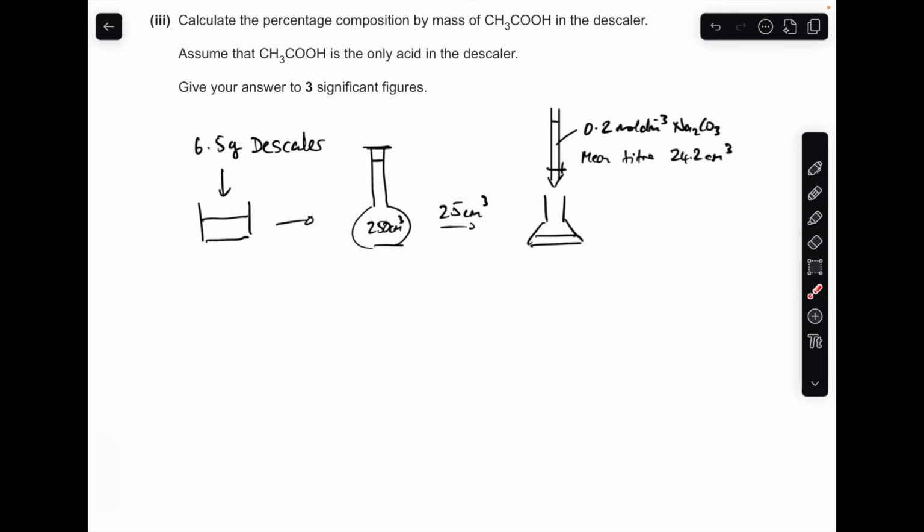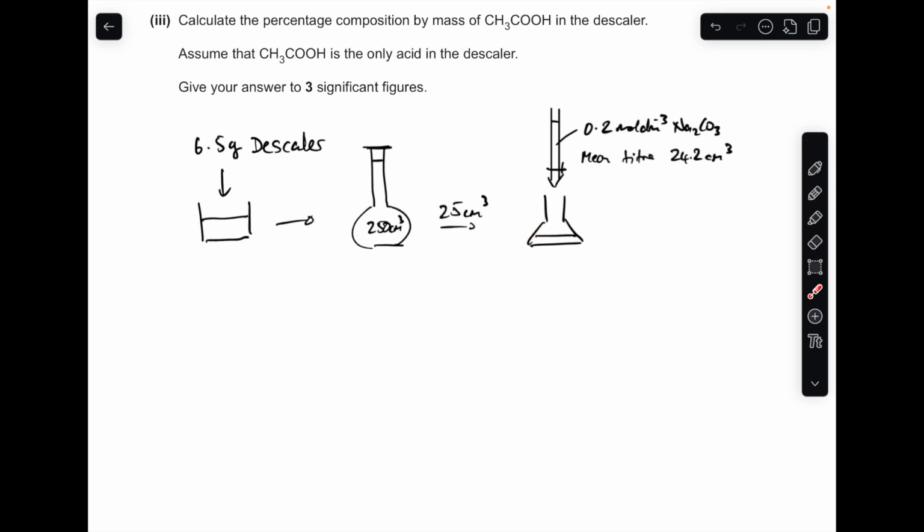Moving on to the main part of the question now, where I've got to calculate the percentage composition by mass of the ethanoic acid in the descaler. So I've got my usual diagram here just to visualize what they've done in the experiment. They've taken 6.5 grams of descaler, dissolved it in some water, and made it up to 250 cm cubed in a volumetric flask. They've then taken a 10th out, so 25 cm cubed comes out.